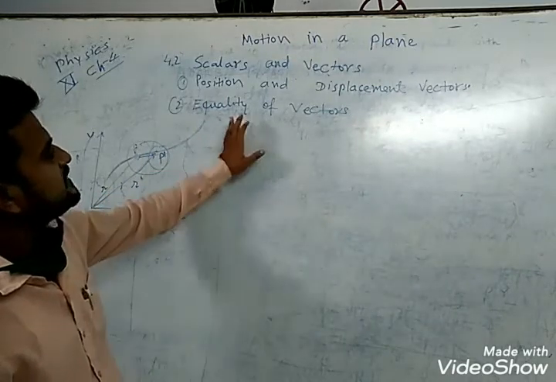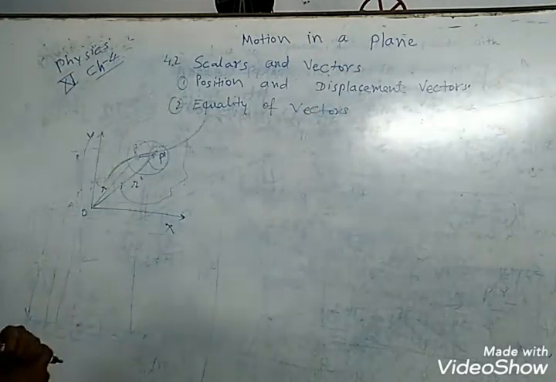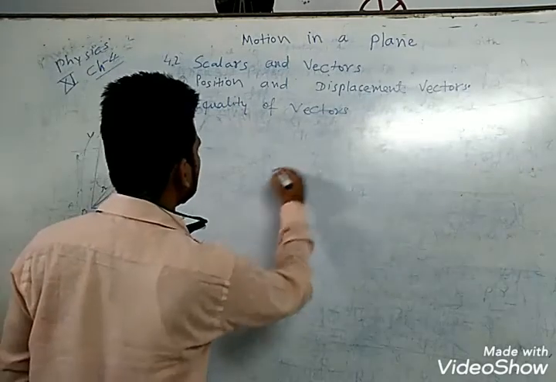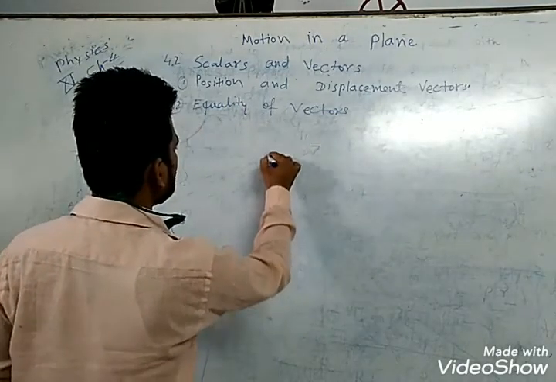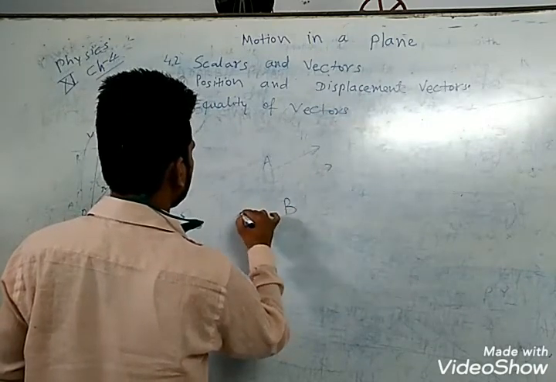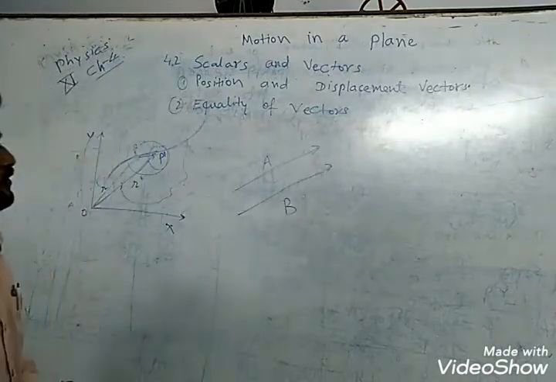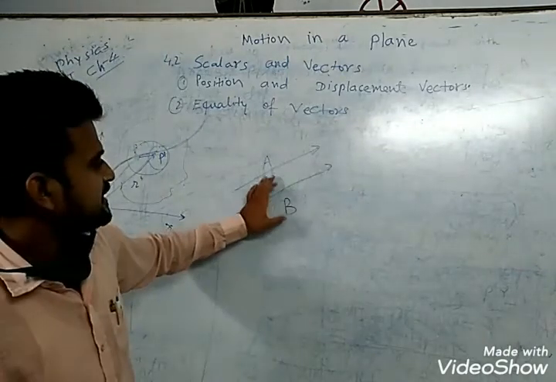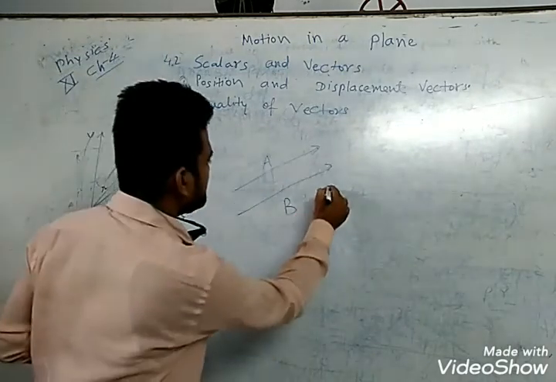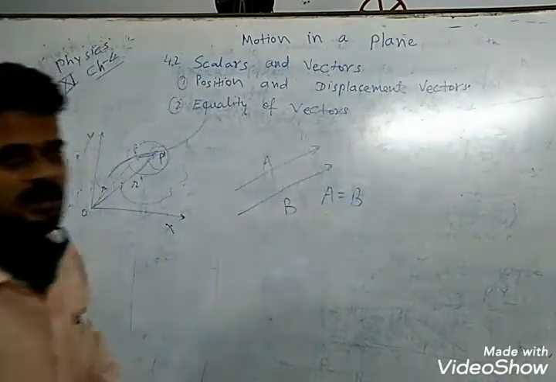Now next is equality of vectors. Equality of vectors means suppose we have two different vectors, A and B. In this case, A is equal to B. How?